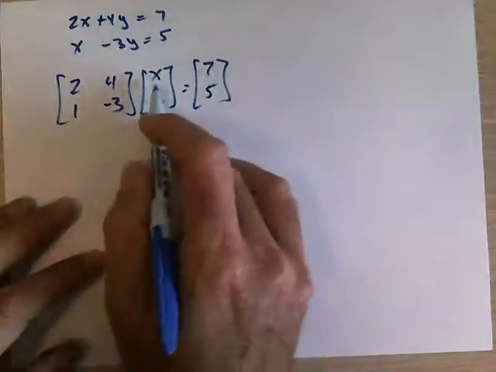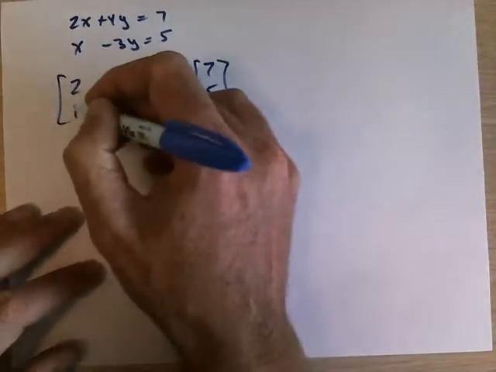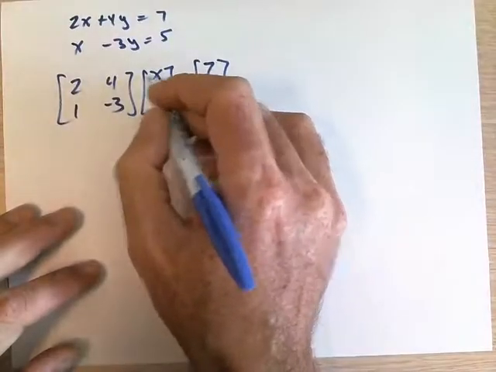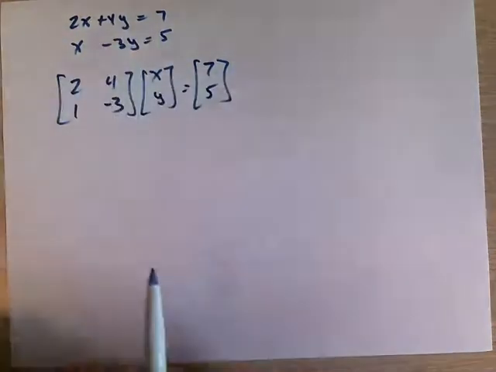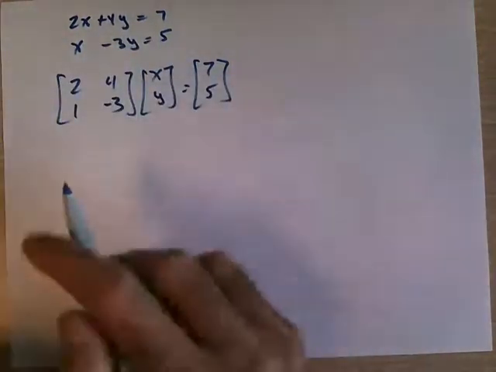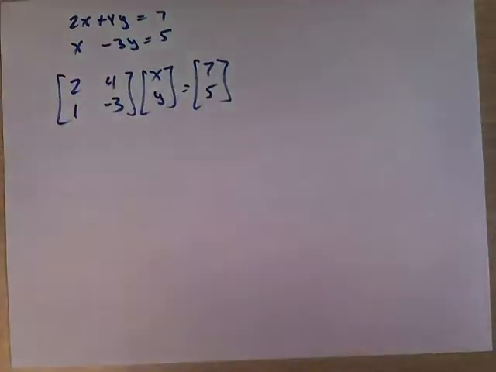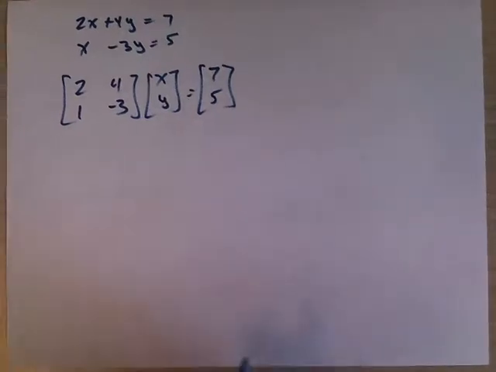In this product, the first column is multiplied by x, the second column is multiplied by y, and you have a linear combination of those columns. There's a lot of different ways of thinking of these things, and we're trying to point out a bunch of them now. It gives you different options. As we do different things this quarter, the more options you have as to how to think of things, probably the better off you are, and the more likely you're able to find solutions to problems or proofs to theorems.